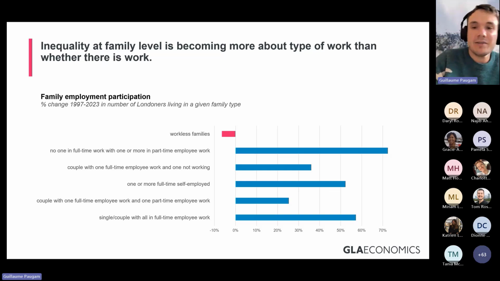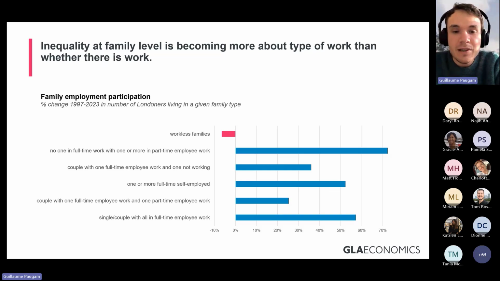And here, I'd like to contrast the very bottom blue bar and the blue bar that's second from the top. You see that the two biggest rises in the type of families in which working Londoners live are, on the one hand, at the bottom, a strong rise in households where all the adults are employed in full-time employee work. So to put it very simply, all the adults are employed in good jobs.